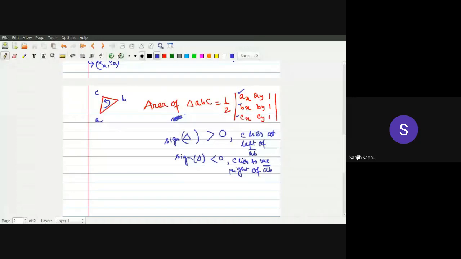If it is like this, say this is AB and C is here, automatically you will see that in this case A, B, C it will be negative. So by checking the sign of this, I can tell whether a point lies at the left or right. Now it takes constants, so there is no problem of slope being undefined. Is it clear now?